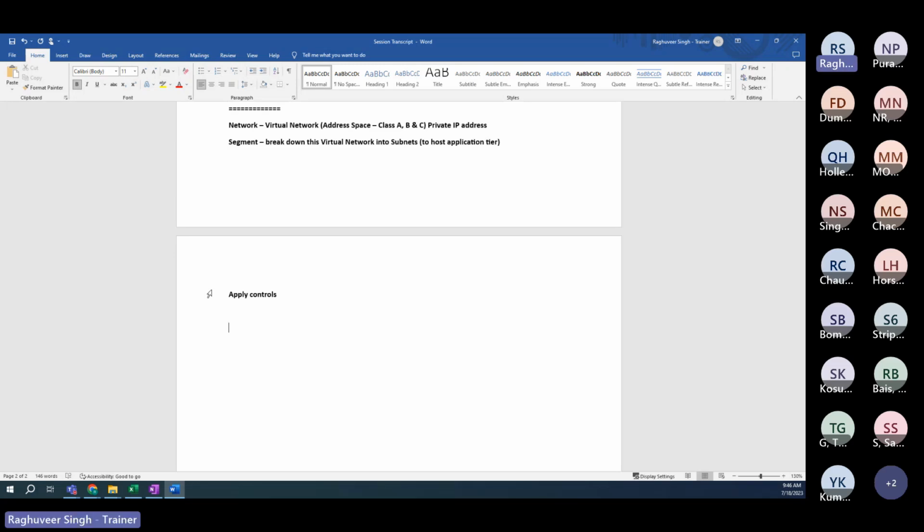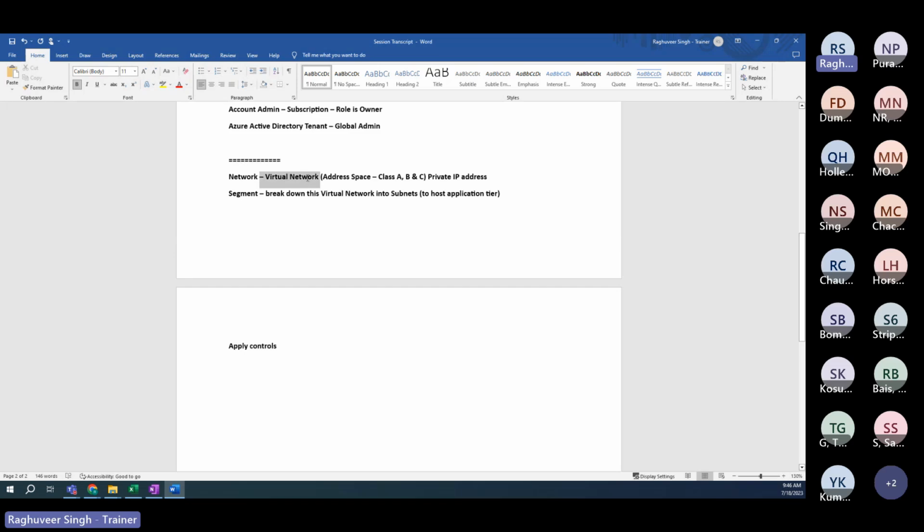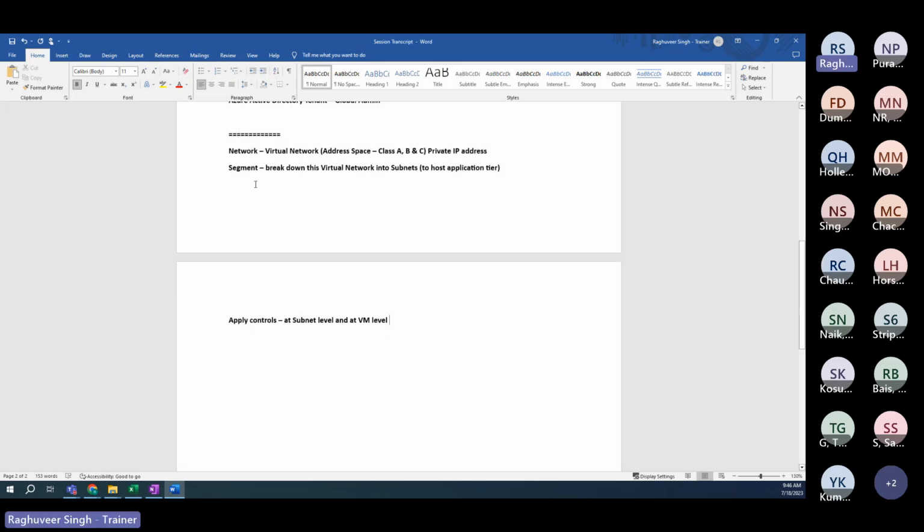That's what we do in on-premises. Similarly, in cloud, we create a virtual network. We segment that virtual network into multiple subnets, and we apply controls at the subnet level. So we can apply control at subnet level, and we can also apply control at VM level. That is why we create network.